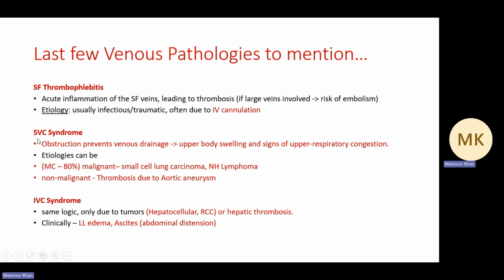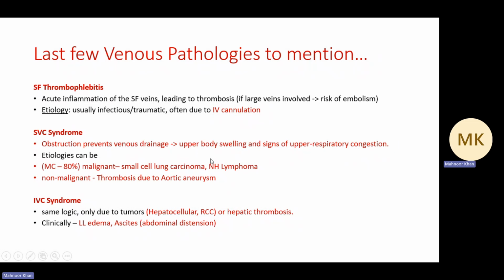Then you talk about superior vena cava syndrome, which is obstruction resulting in the prevention of venous drainage, because the superior vena cava does not drain the venous blood properly. That results in upper body swelling and signs of upper respiratory congestion.